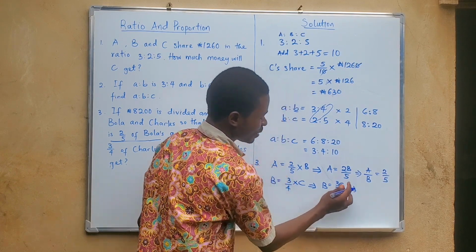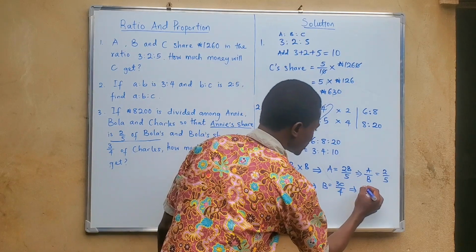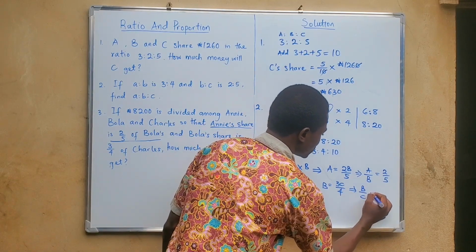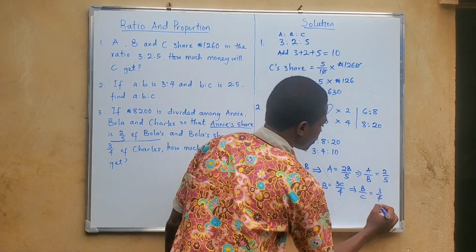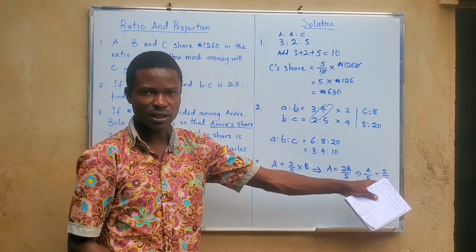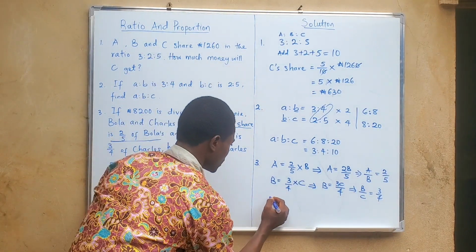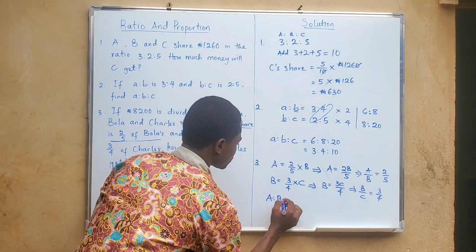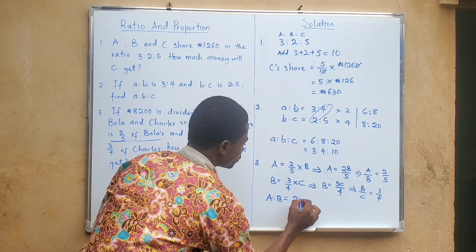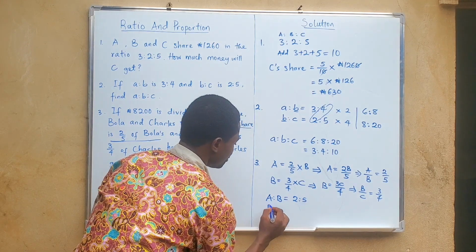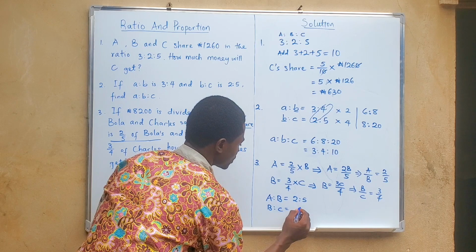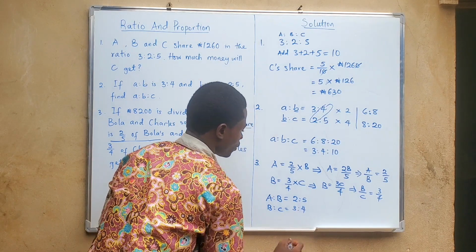Again, if you divide by C so that the letters are on one side, B over C equals 3 over 4. Now I should turn those fractions to ratio. That A ratio B equals 2 ratio 5 and B ratio C equals 3 ratio 4.